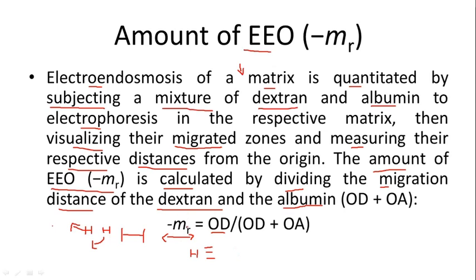If the electroendosmosis value is high, the medium contains a number of functional groups, and those functional groups significantly affect the separated molecules at the time of separation. Okay. So thank you for watching.